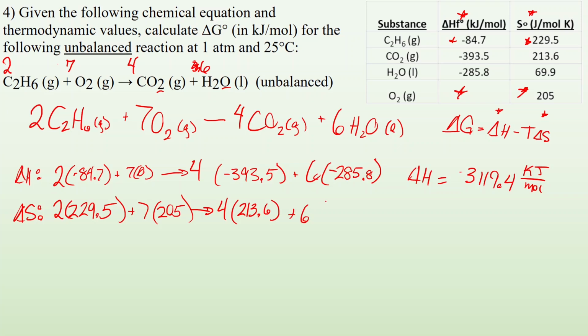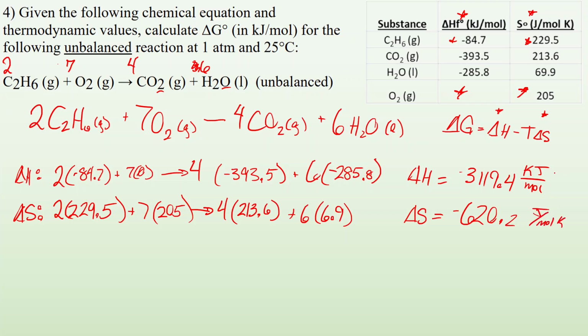And 6 H2Os, each with a value of 69.9. So when I do my delta and I do the math, I end up with a delta S of negative 620.2 joules per mole Kelvin.